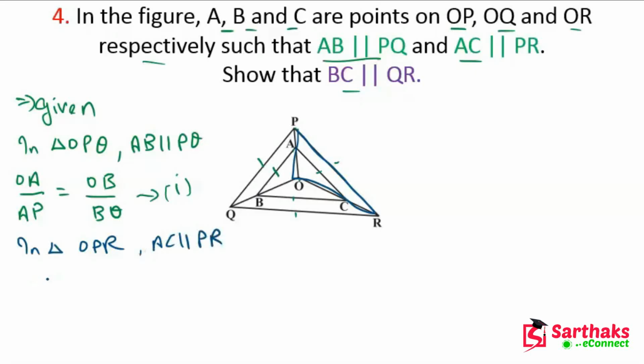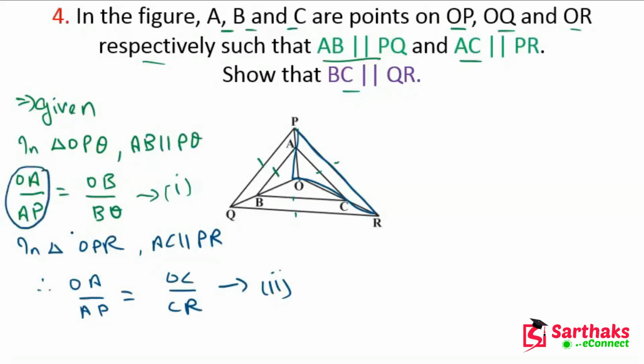Now we get OA divided by AP, which is equal to OC divided by CR by the proportionality theorem, and this is our second equation. Now from equations first and second, the term OA upon AP is the same in both, so OB upon BQ is equal to OC upon CR.